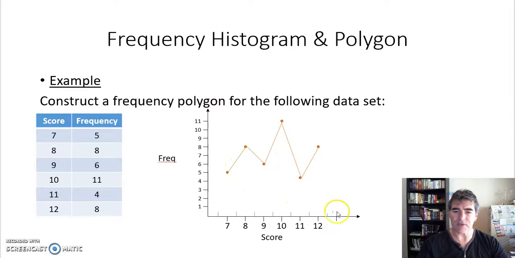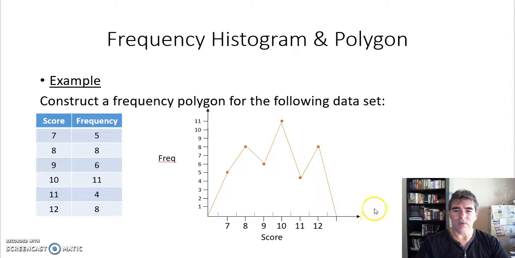So we're going to close it with this horizontal axis. We're going to join that dot with the very beginning of the graph here, as we've just done, and we'll do the same here as if we're going back to 0 for the next score. So we join it back to our horizontal axis. So there's our polygon. It's closed now.